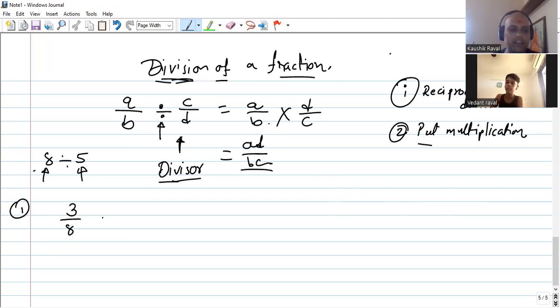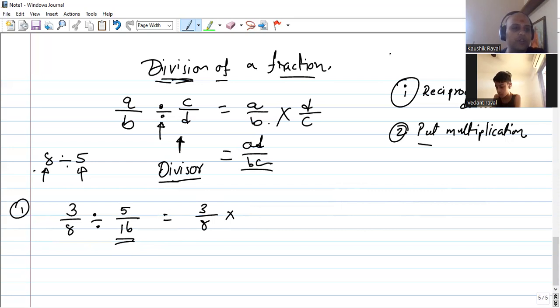3 by 8 divided by, let's say, 5 by 16. Let's try this one. What will you do? 3 by 8 as such. Division becomes multiplication, and the divisor is multiplied by its reciprocal.